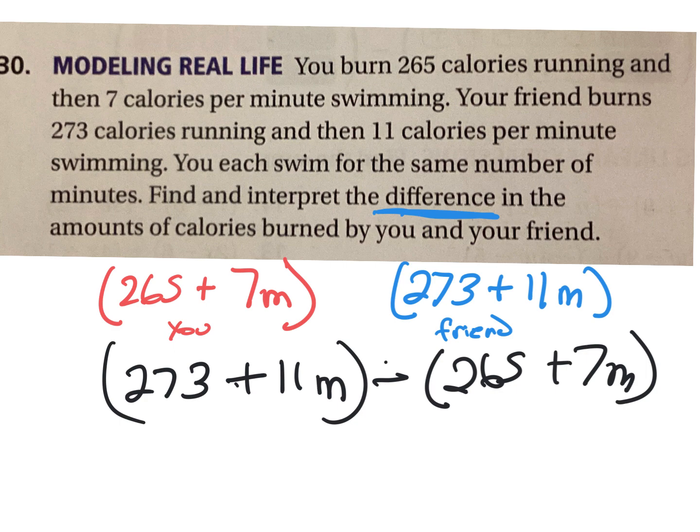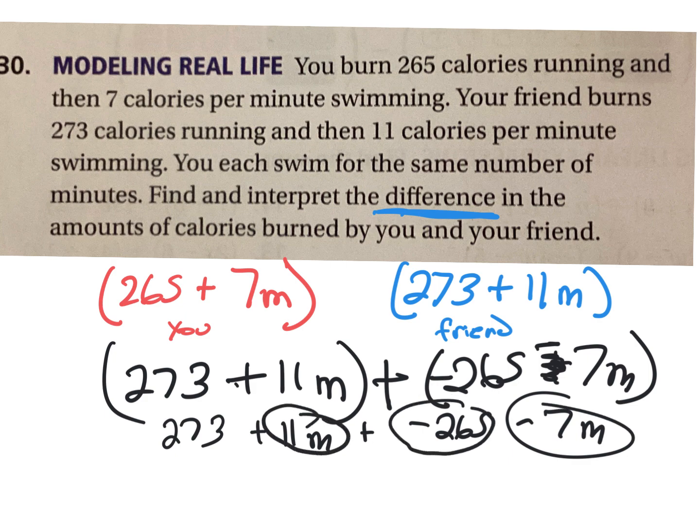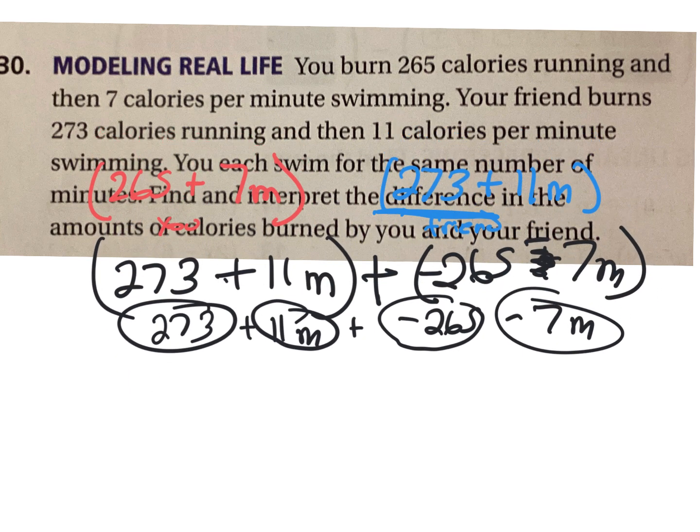Now I'm going to add the opposite, make that adding the opposite of that, and then this becomes a negative. Okay. So 273 plus 11m plus negative 265 minus 7m. I have 4 terms. I need to scoot this up a little bit.